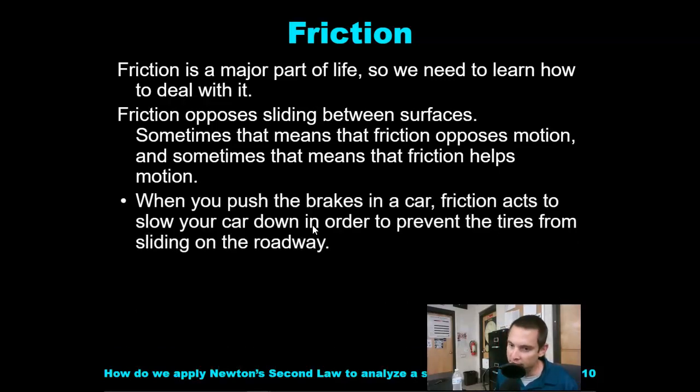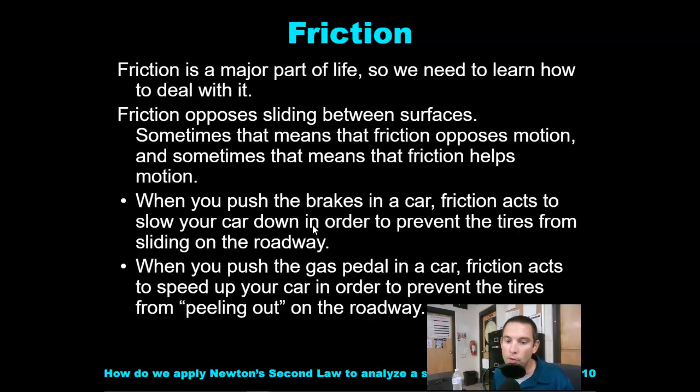When you push the brakes in a car, friction acts to slow your car down in order to prevent the tires from sliding on the roadway. When you push the gas pedal in a car, friction acts to speed up your car in order to prevent the tires from peeling out on the roadway. The way that tires work is these tiny little points come in contact with the road, one point at a time.